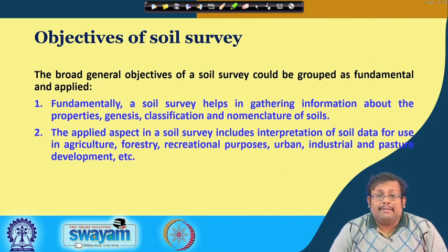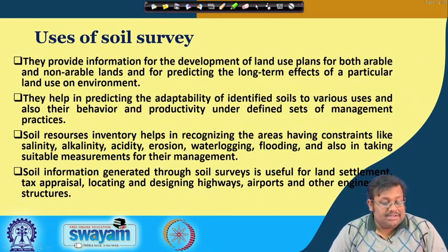And secondly, the applied aspect is when we map the soil, it will serve as a tool for selecting different land use patterns, like whether that soil is suited for agricultural purpose or forestry purpose or recreational purpose or industrial and pasture purpose. So these answers you will get when you have a map of soil survey. These are basically the objectives of soil survey.